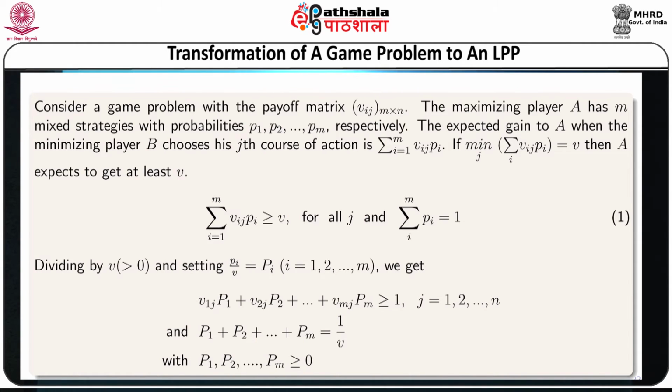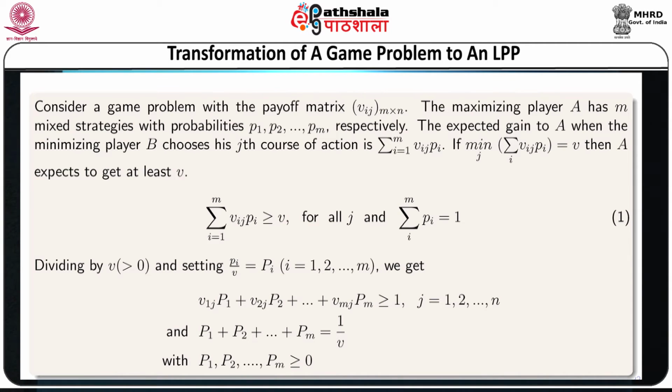If some elements of the payoff matrix are negative, then we can add a constant sufficient to make all the elements non-negative, and in doing so there is no harm, because the revised payoff matrix will give the same optimal strategy as the original one.